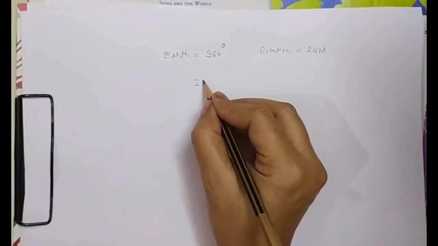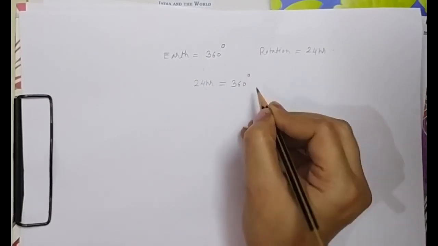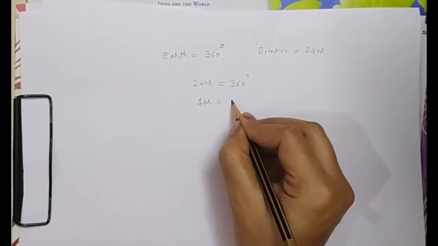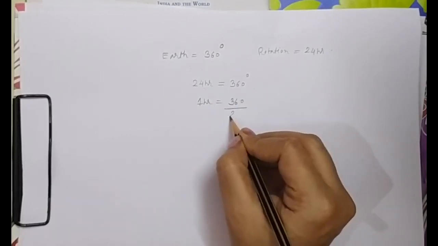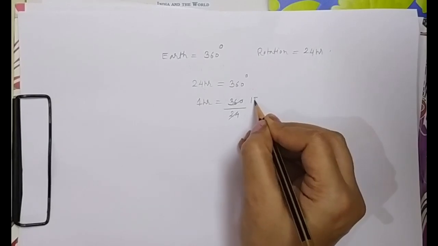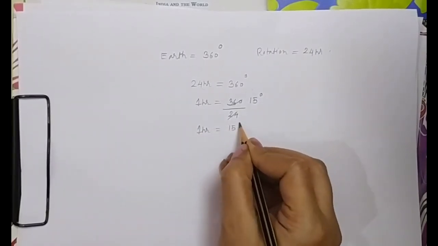So 24 hour is equal to 360 degree, is it not? Then 1 hour is equal to 360 divided by 24, or we can say 15 degree. So 1 hour for 15 degree.